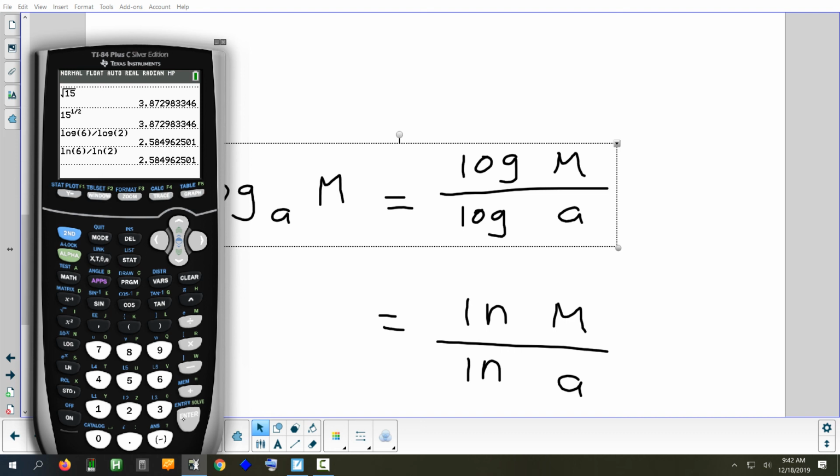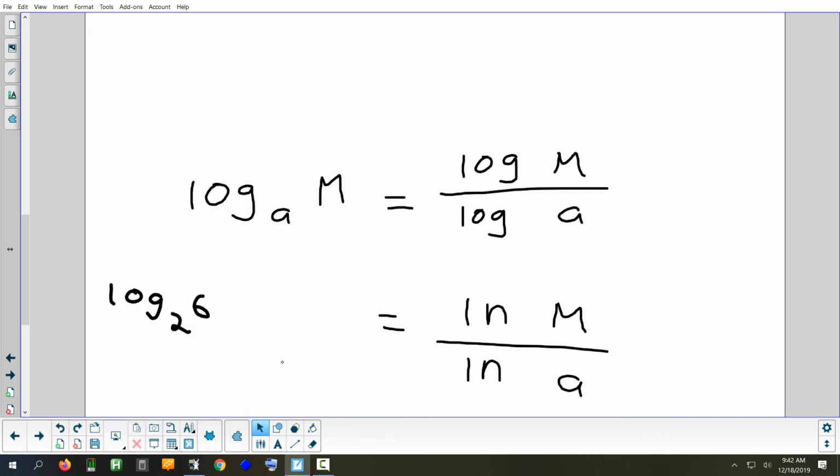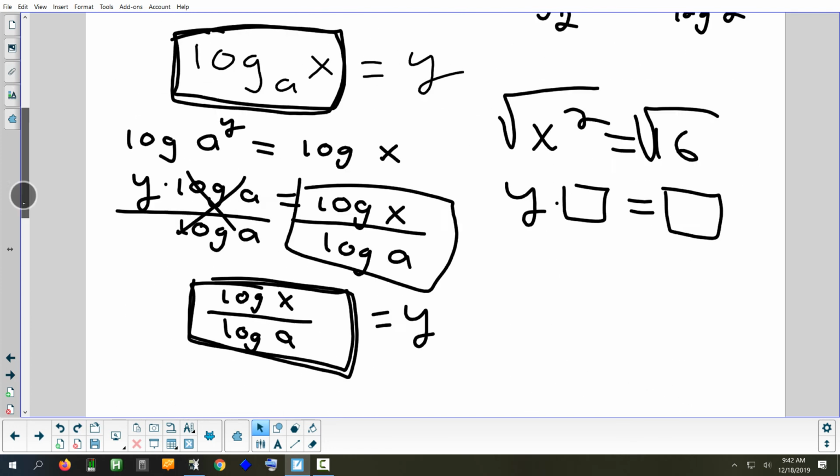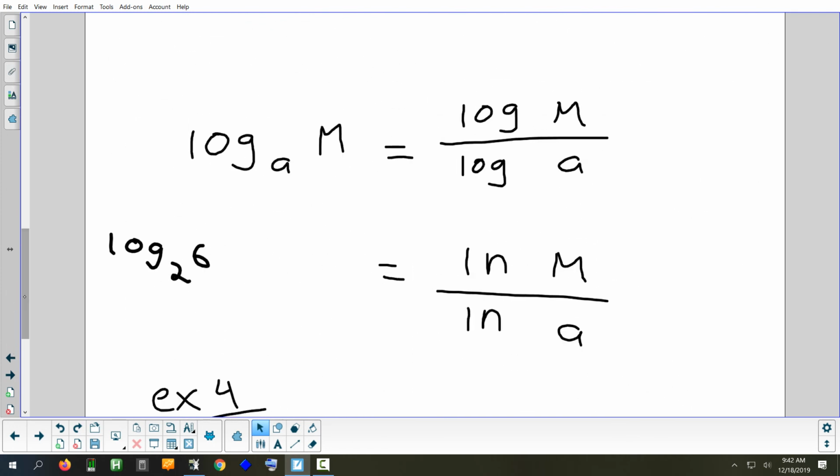So I would pick one of the two ways to remember because they're the same. Doesn't matter which one you use, unless your calculator doesn't have one of these buttons on it, then you have to use one or the other. But if you're using a scientific calculator, they should have both buttons. And that's called the change of base formula. Either version.